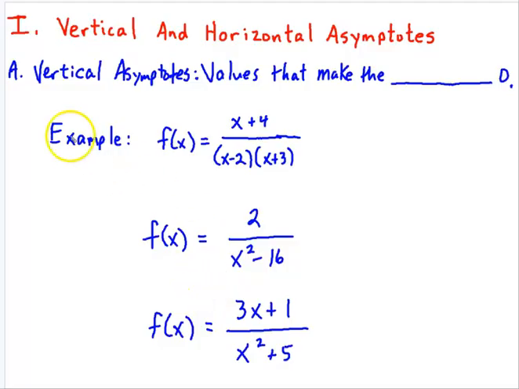First of all, let's identify how we know if there is a vertical asymptote that we need to account for. A vertical asymptote, again, creates a vertical barrier that we cannot cross. Now, that is true. Vertical asymptotes 100% of the time can never be crossed. Now, that's not true for horizontal asymptotes and obliques.